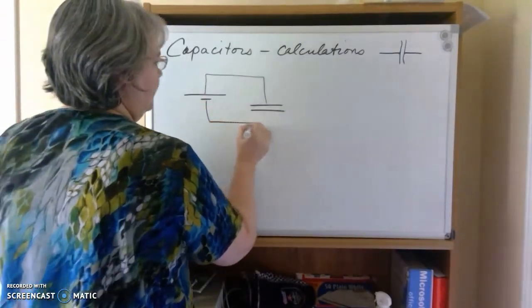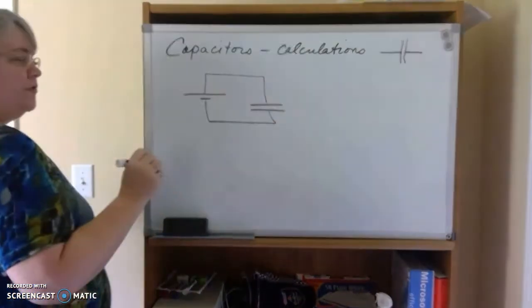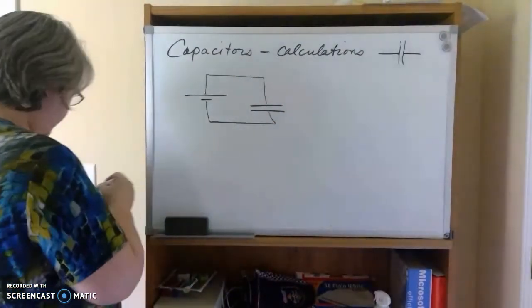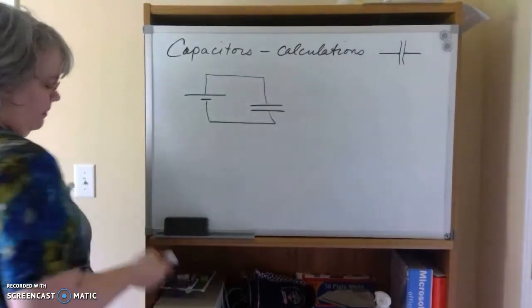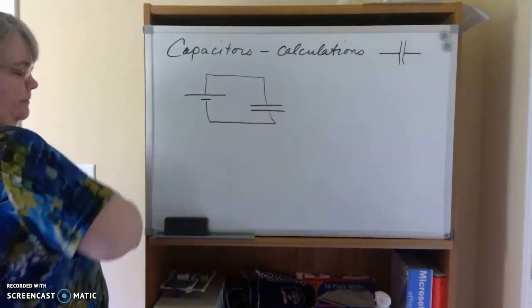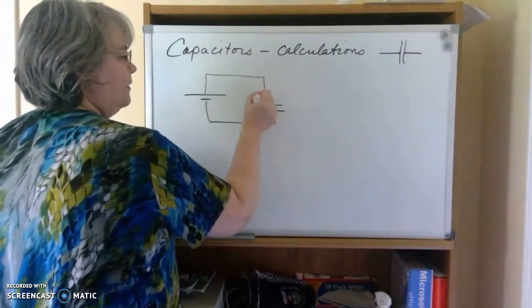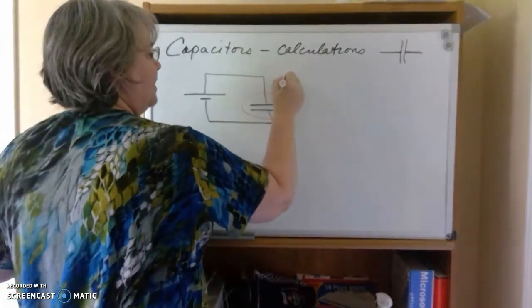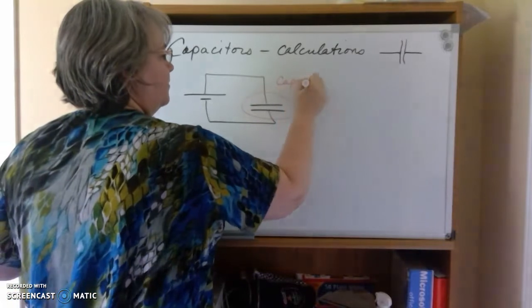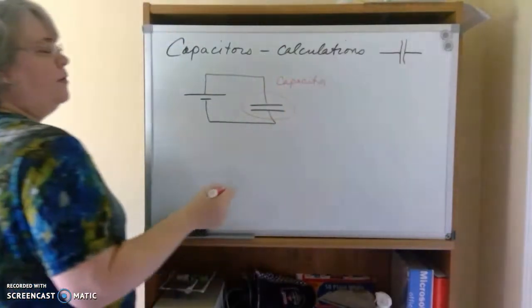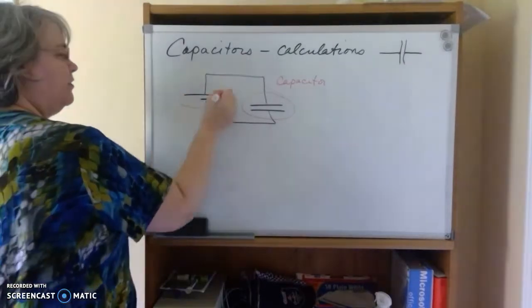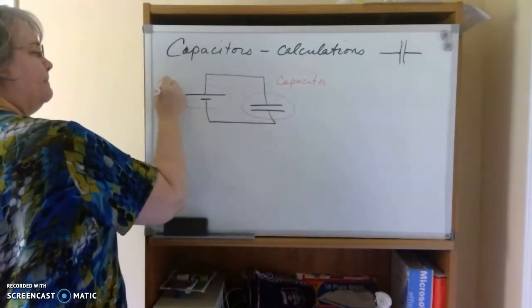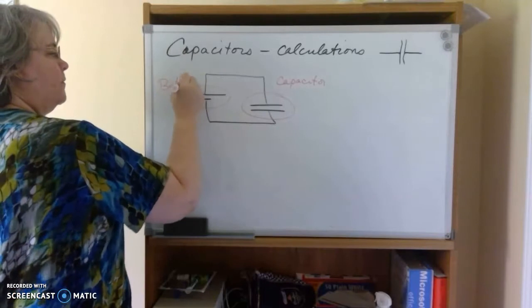So this is a very simple circuit. In this part of the circuit, this is a capacitor, which is connected by wires to 2 ends of a battery.